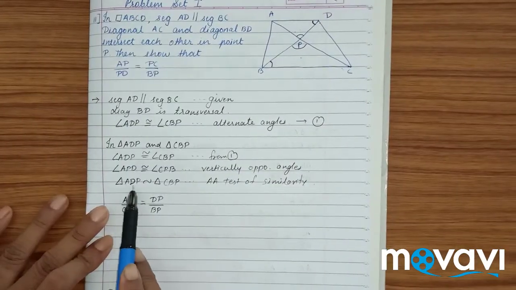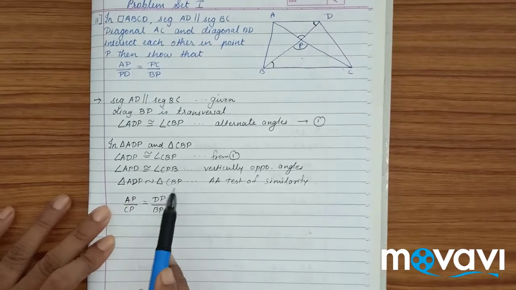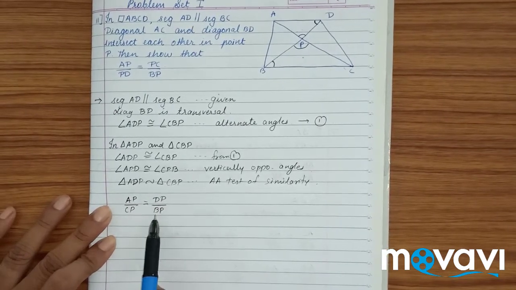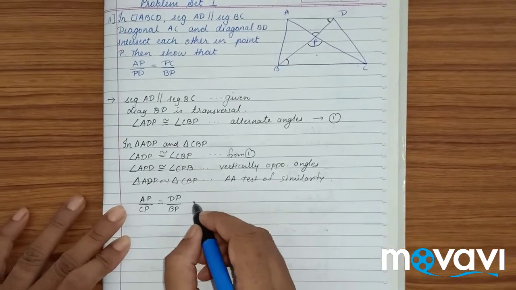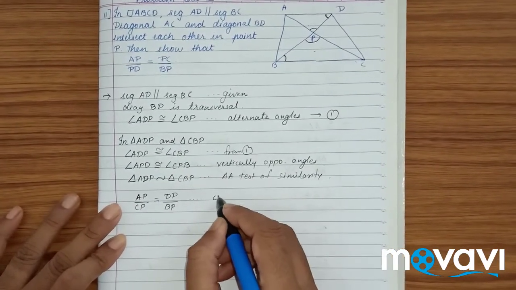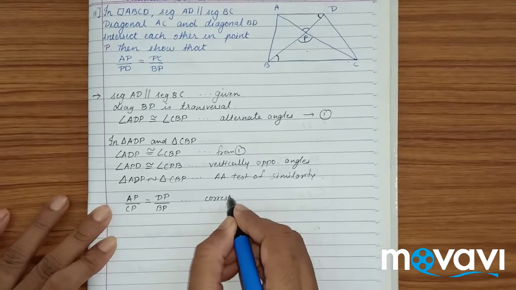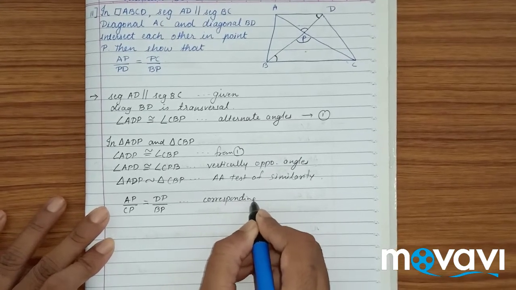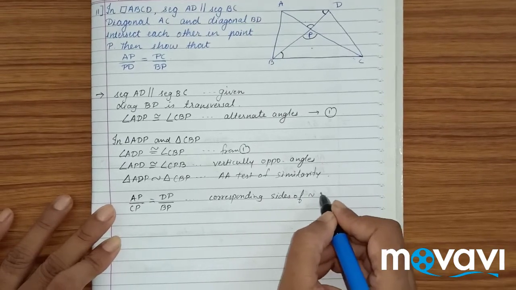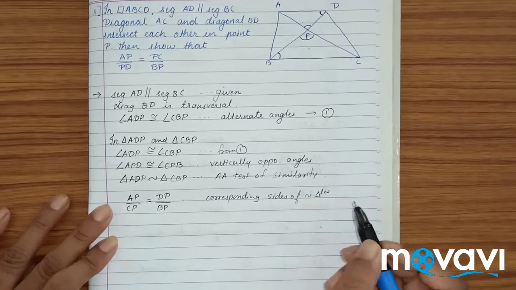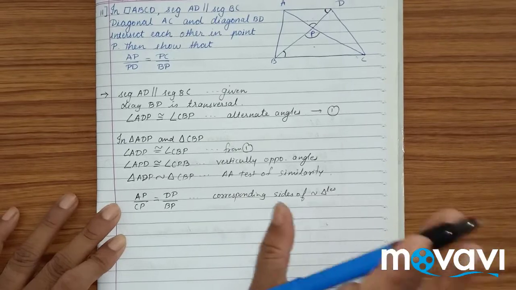Okay. So AP upon CP is equals to DP upon BP. I have taken this because this is what is expected. Now I am going to write here the reason, that is corresponding sides of similar triangles. Okay, I have used short form. You all are not supposed to use it.